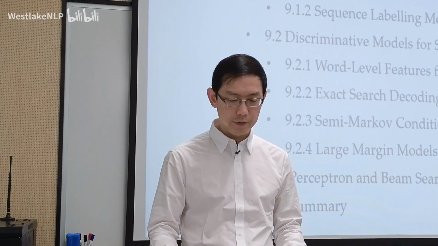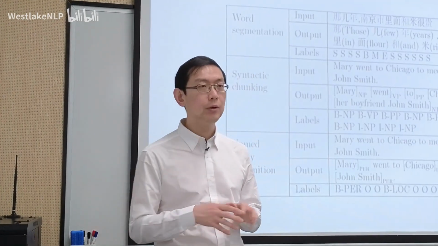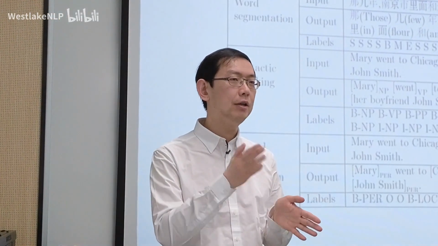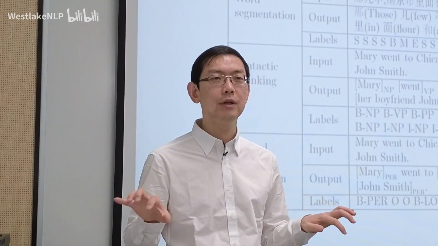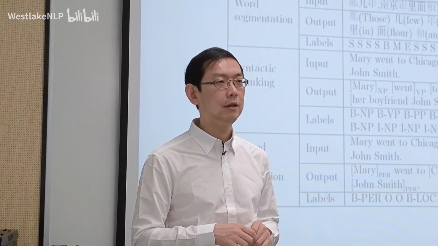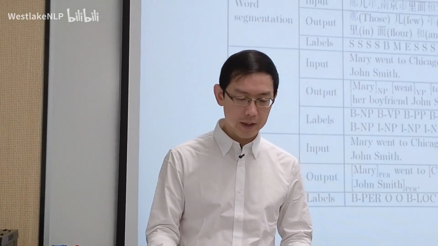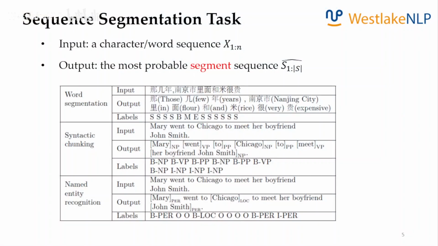First, let's review the task. The goal is that you're given a sequence, like a sentence, and you want to chunk the sentence into different segments. One instance is word segmentation. For Chinese, Japanese, and Thai, the input is a sequence of characters.